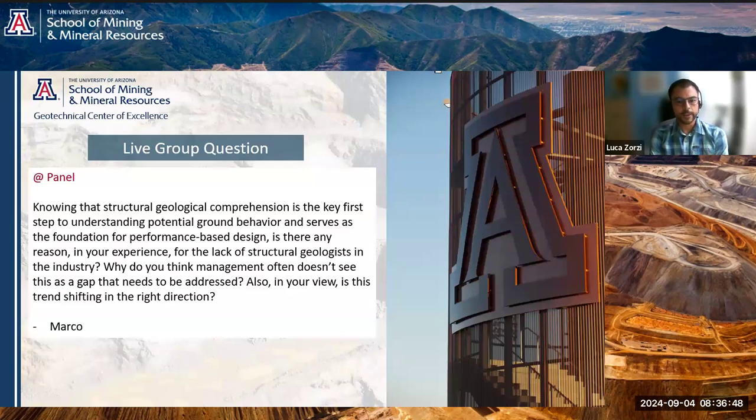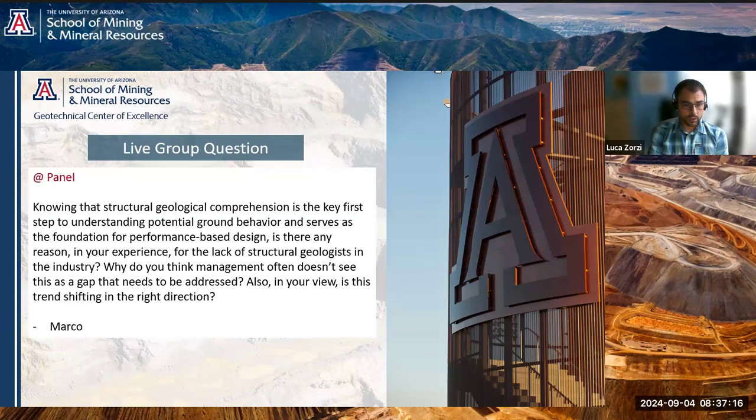It's a combination though of exposure as well. Sometimes there is difficulty in exposing even young graduates to projects or situations that will allow them to grow their experience, especially in an operational environment. So it's a tricky situation.